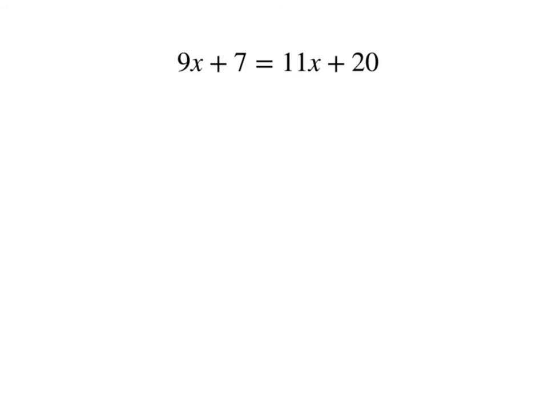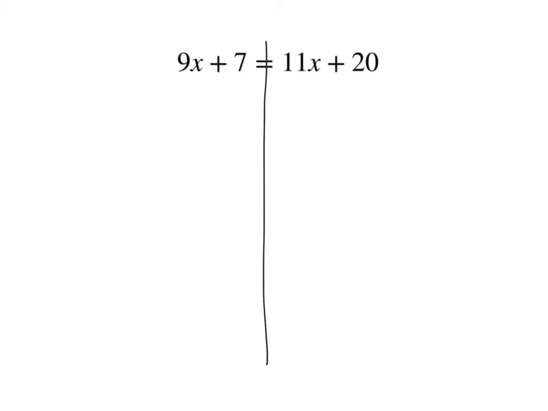Again, I'm just going to go straight to balance method for this. 9x plus 7 is equal to 11x plus 20. Now, we've got unknowns on both sides, so I want to eliminate from one side. Now, I tend to eliminate from the right-hand side, but if I take away 11x from both sides, I'm going to end up with a negative x on the left-hand side. I want to try and avoid negative x's, they get confusing.